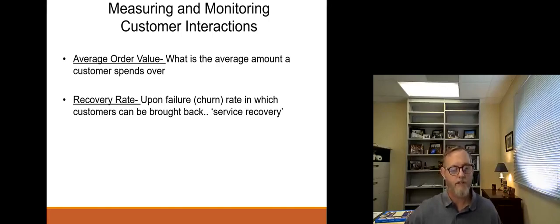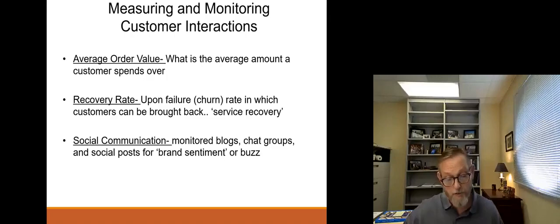All right, recovery rate is when we have a service failure or we have a failure in the minds of the consumer, and we're able to correct our mistake and make the customer happy. So we want to bring back a customer. Upon a failure, we want to get the customer to come back to us. Can we do that? And at what rate do we do that at?